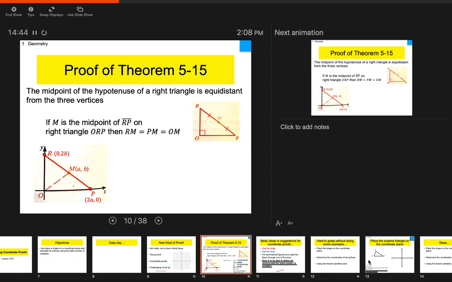Okay, so distance formula. Let's calculate OM first. All right, McKinley, you remember the distance formula? Give me a second. Square root of x2 minus x1 squared. Distance equals square root, big long square root symbol, and then x2 minus x1 squared.